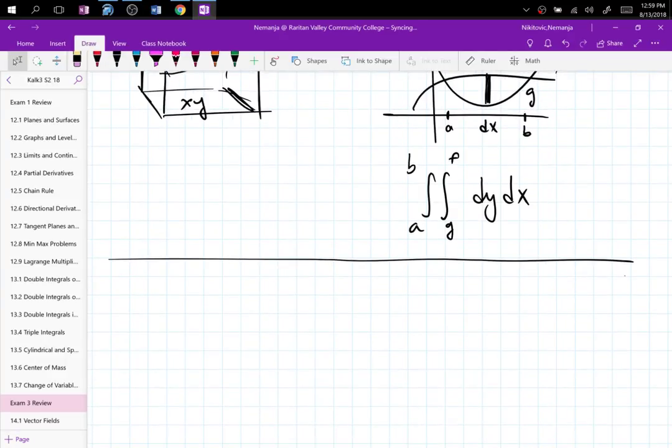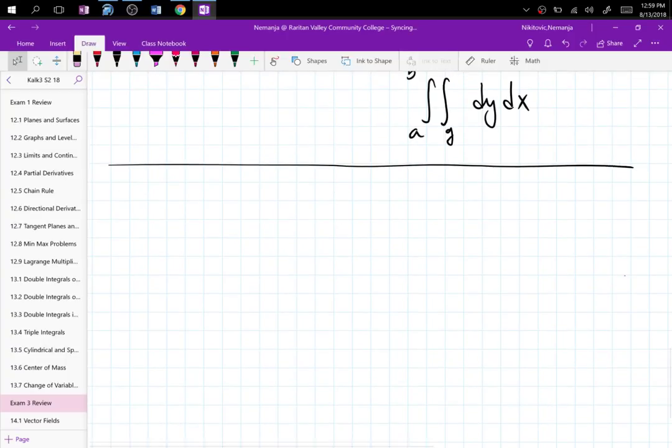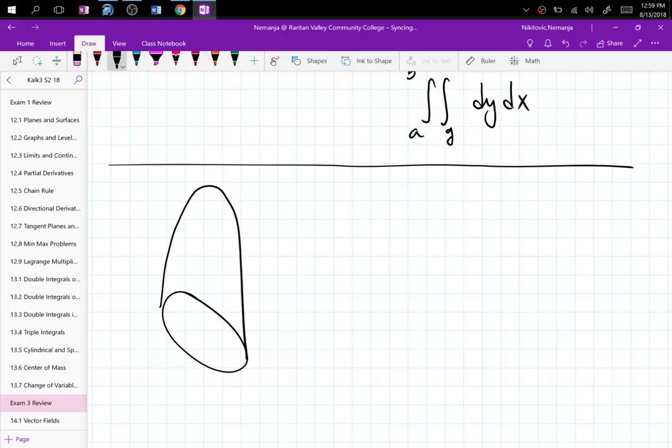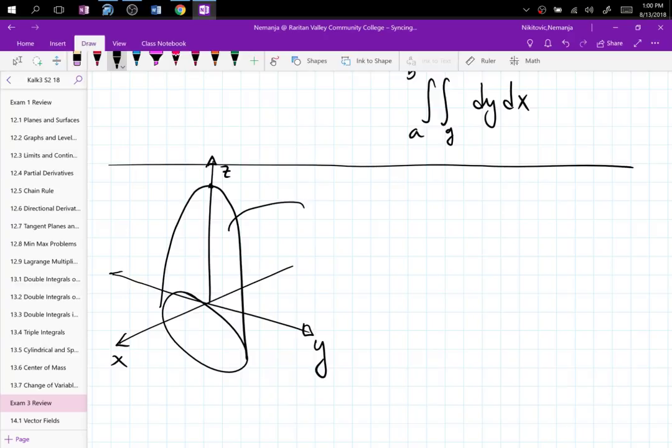So if you look at this problem, for instance, you have the surface z equals 16 minus x squared minus y squared.